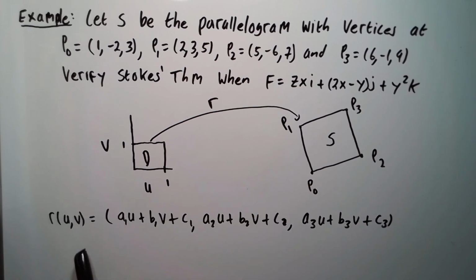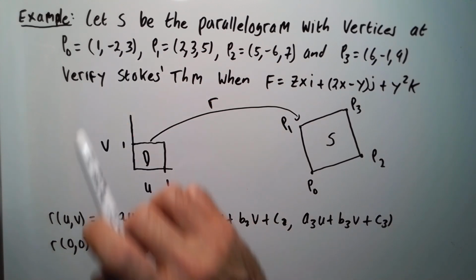Looking for an affine transformation now that maps this unit square onto our parallelogram. So here's my affine transformation formula. Let's make it so, say, (0, 0) gets mapped to P0. So my R of (0, 0) I want to go to P0, which is (1, -2, 3) up here.